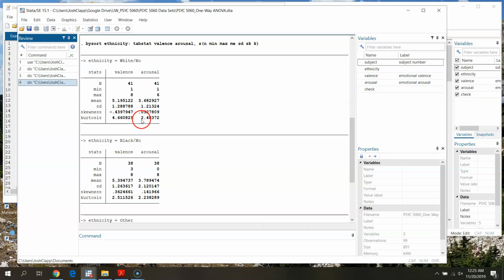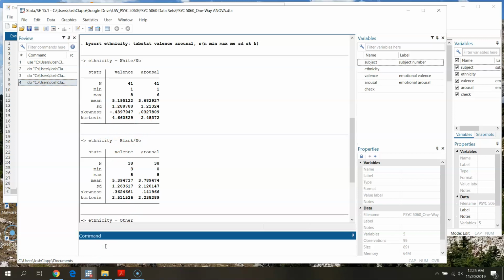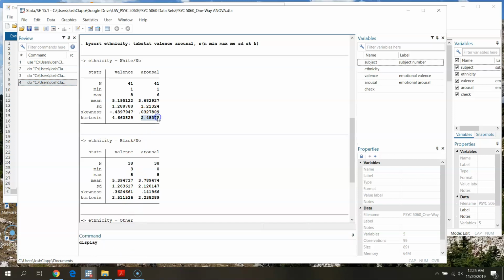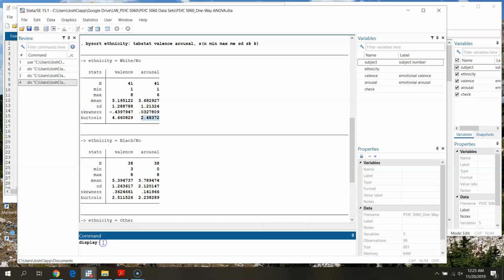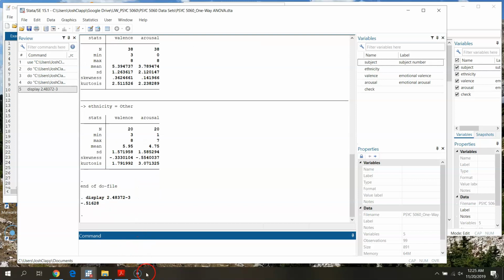So that's pretty easy. Math here isn't too hard, but if we go display, remember this is just our kind of built-in calculator. We say our value minus 3. Okay, so this is going to give us a kurtosis value of about negative 0.52. So skew 0.3.